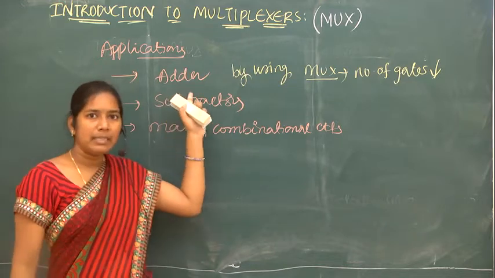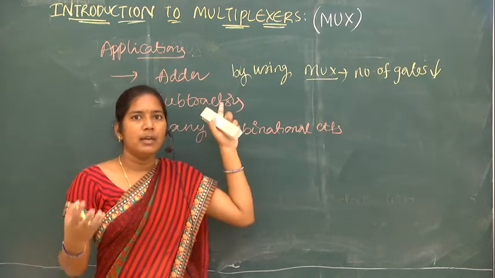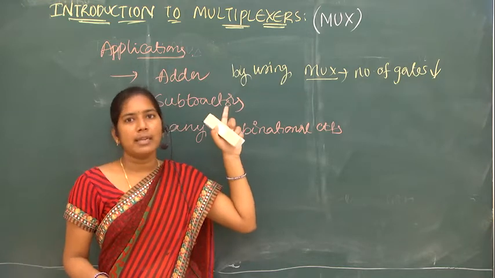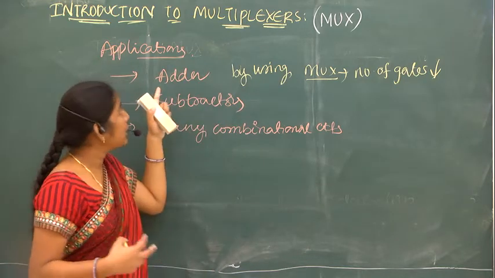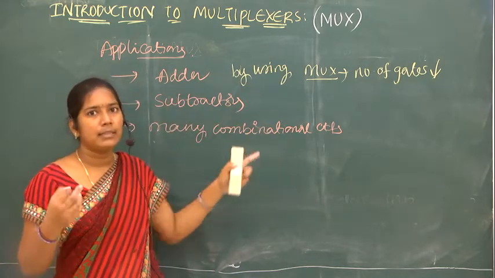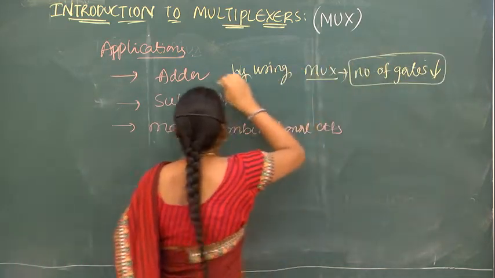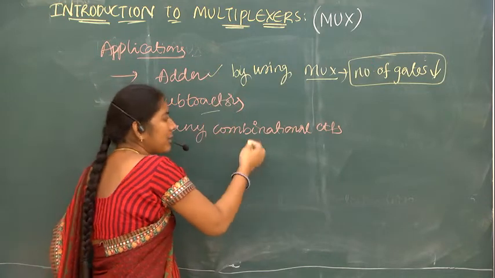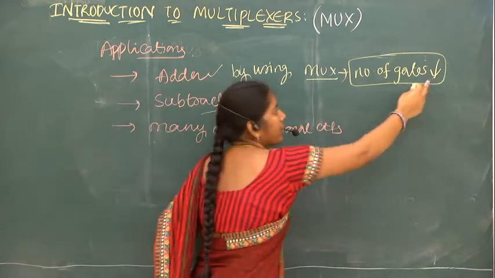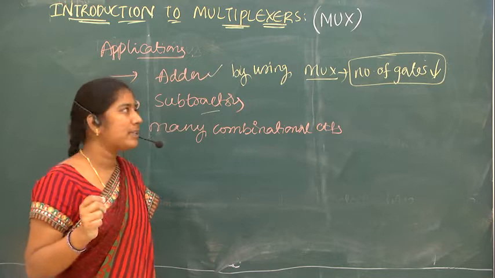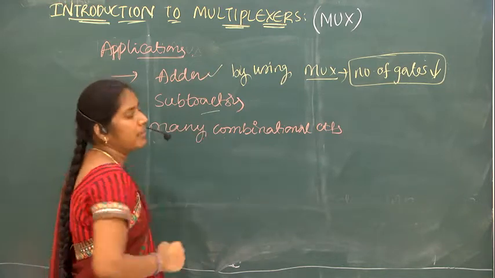Though we can implement this adder by using basic gates or functional gates, when we are using the multiplexer, the gates required to implement an adder or subtractor or any combinational circuit will get reduced. That is the first advantage of this mux.